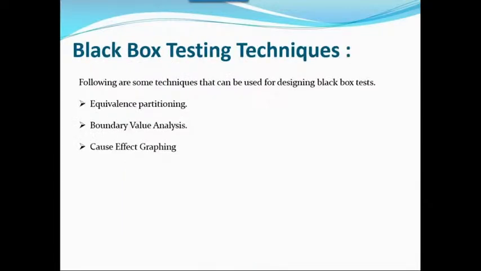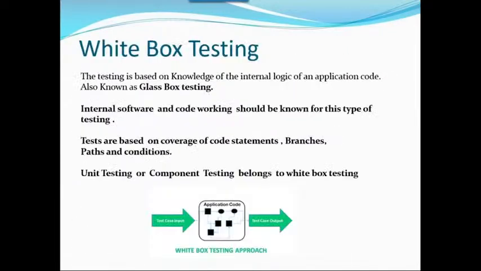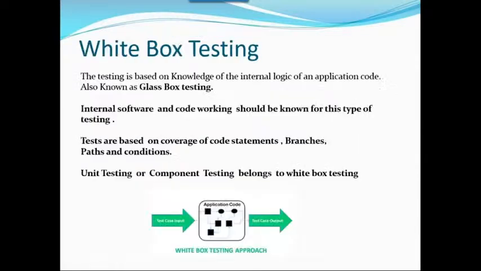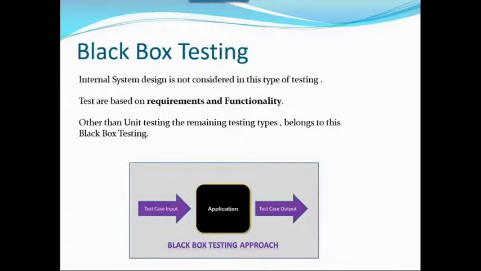Is it clear? Anybody have any questions? It's very important: testing is of two types, structural and functional. Structural testing is done by the developer and functional testing is done by QA. Anybody have any questions here? No? Good.